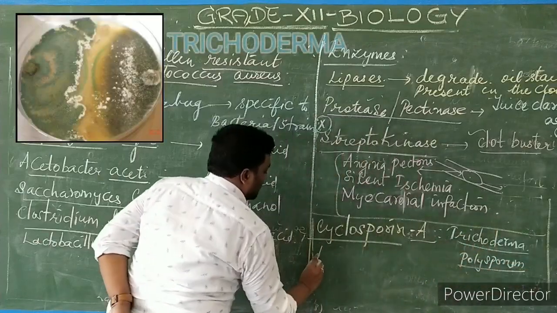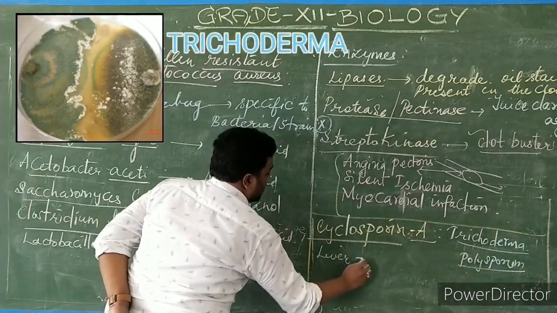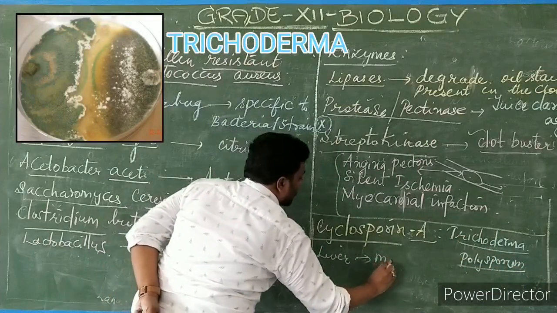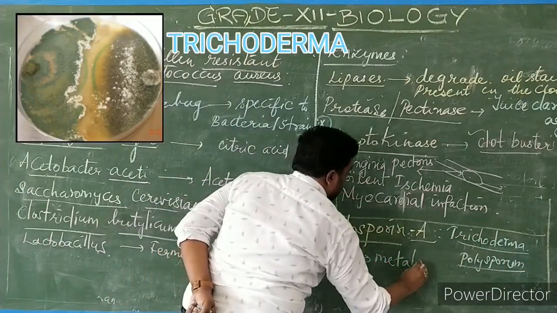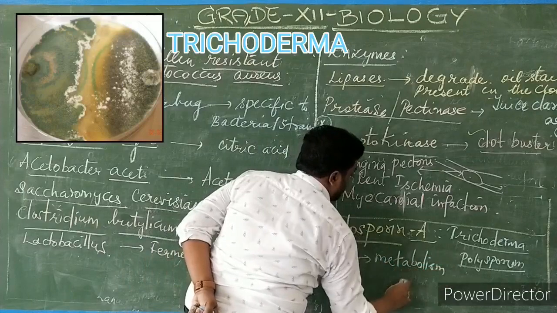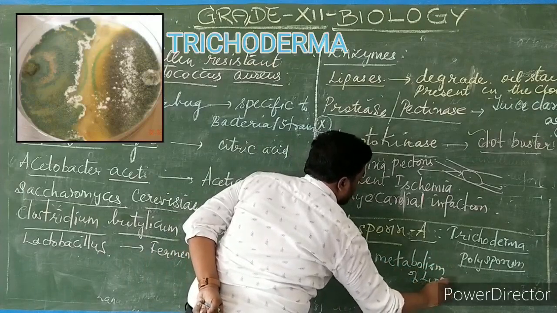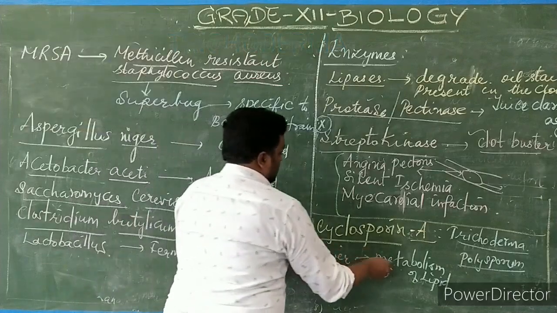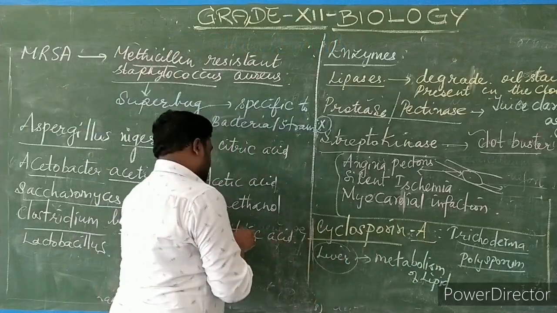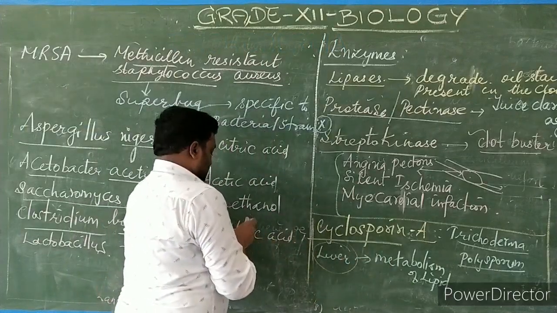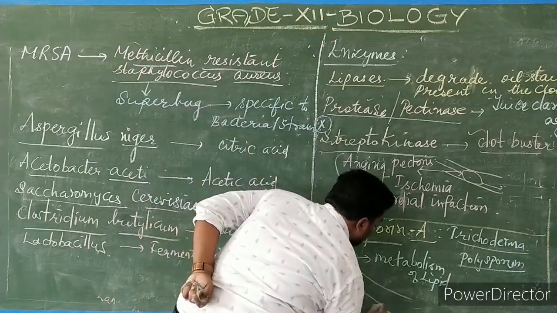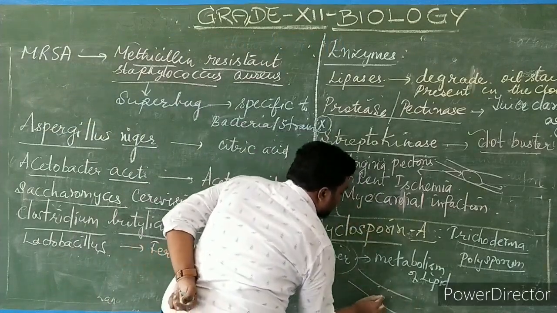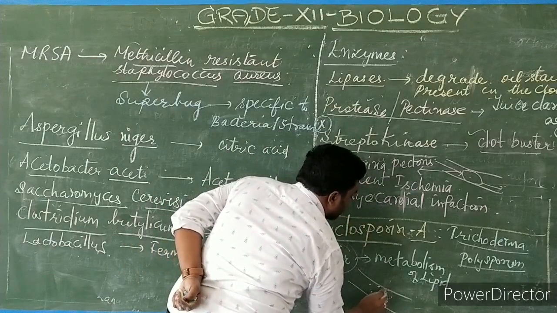Actually the liver helps in the metabolism of lipids. When the lipids are not properly metabolized due to malfunctioning of the liver, then automatically in the blood vessels there will be deposition of lipids.